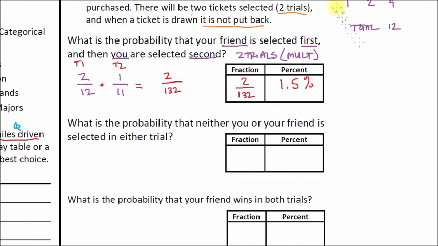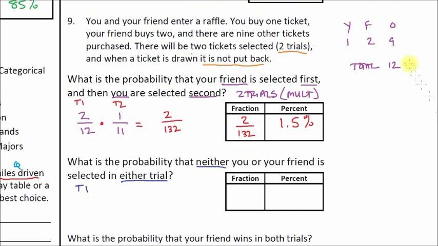All right, next one. What is the probability that neither you or your friend is selected in either trial? So neither of us are selected in either trial. Well, that means for trial number 1, it's going to be somebody else besides us. That's 9 possibilities out of 12.